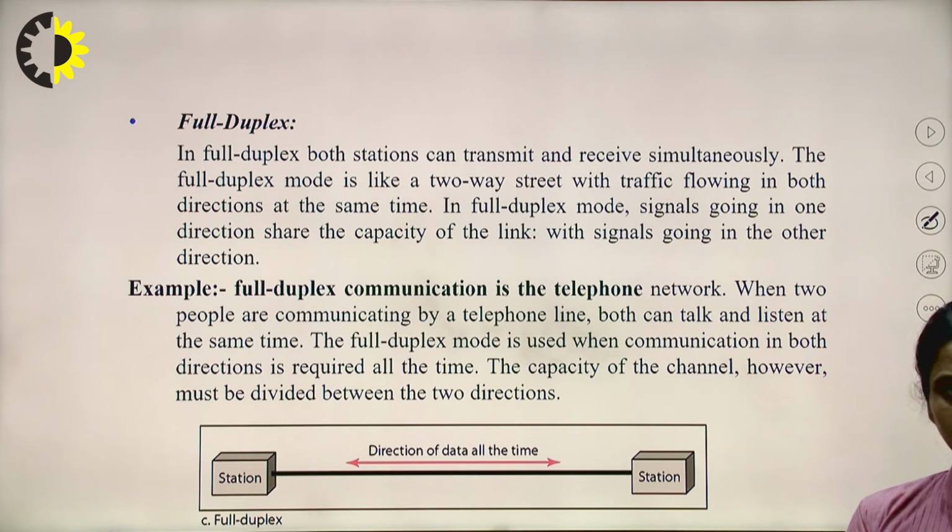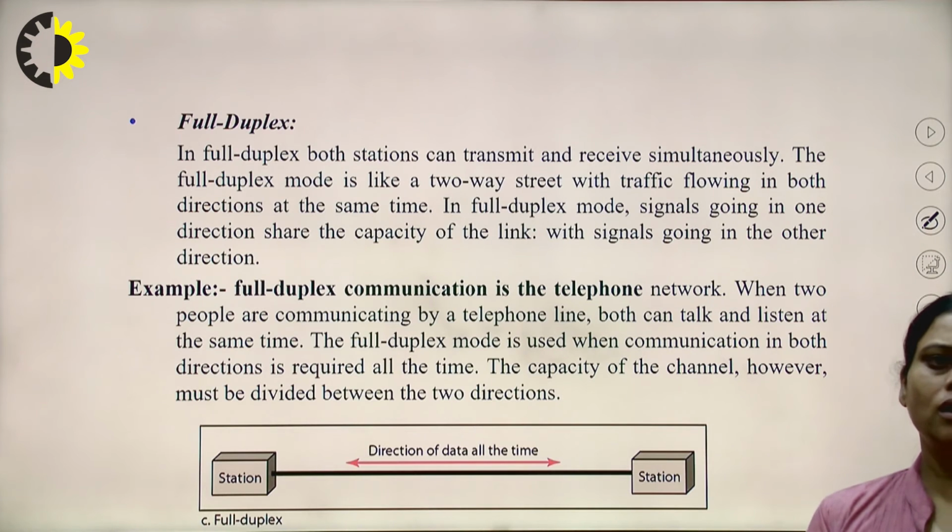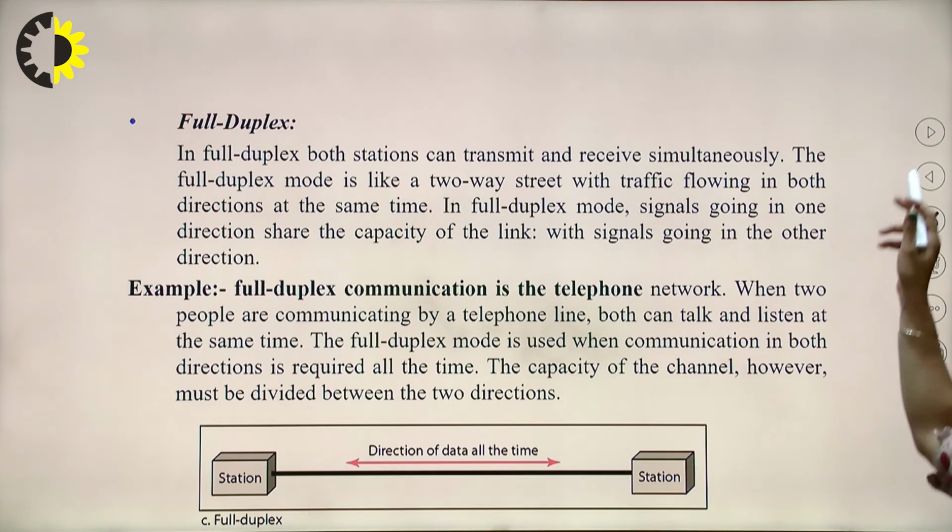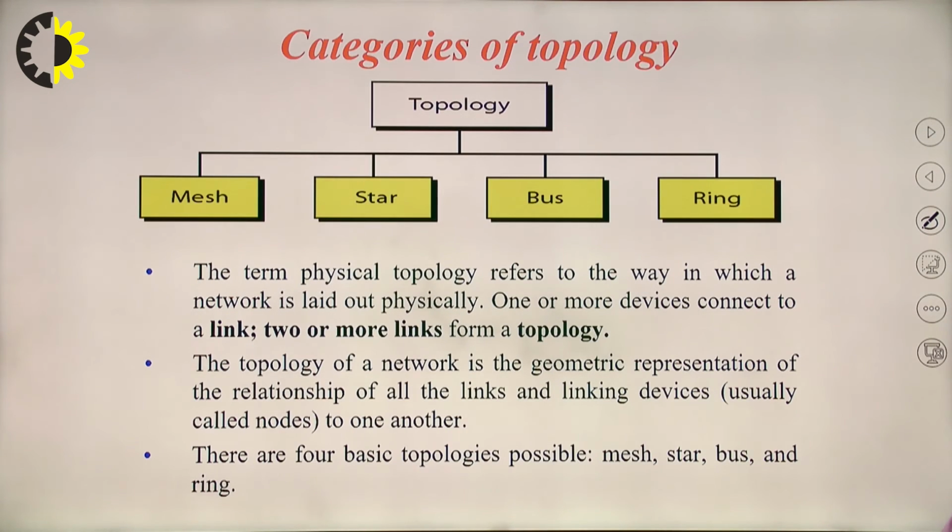When two people communicate by telephone lines, both persons can contact each other simultaneously; both can talk and listen at the same time. So, the full duplex mode is used when communication in both directions is needed all the time. The capacity of the channel must be divided between the two directions. So, these are the modes of communication.